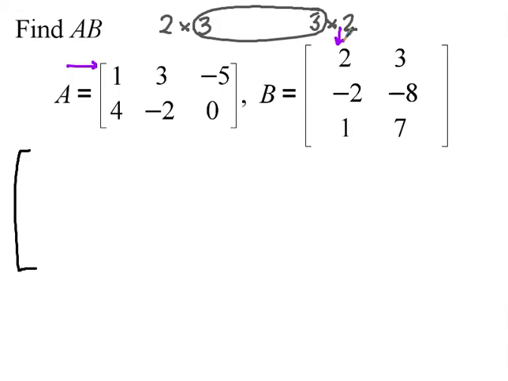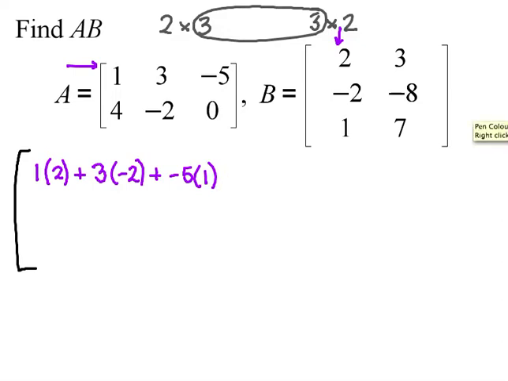So I'm going to take 1 times 2 plus second times second. So 3 times negative 2 plus third times third. Negative 5 times 1. Okay. So that's your very first term.